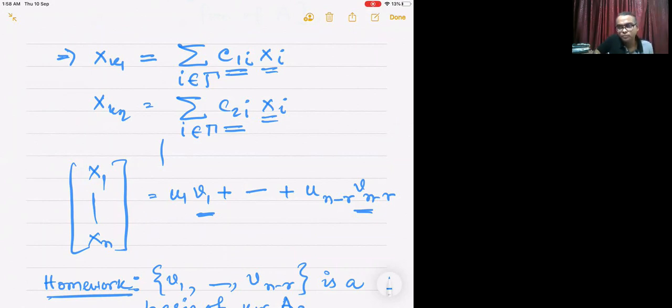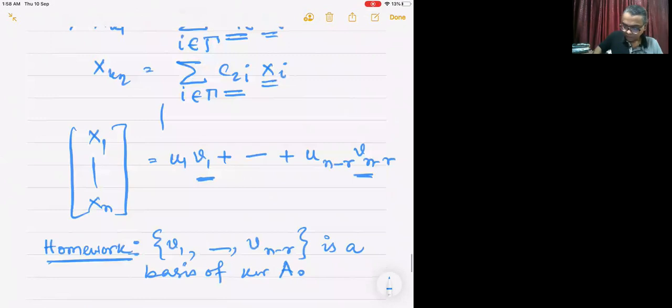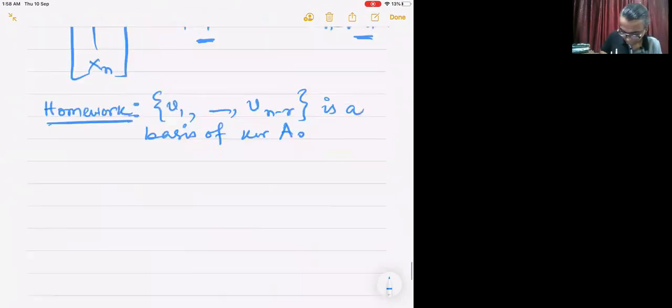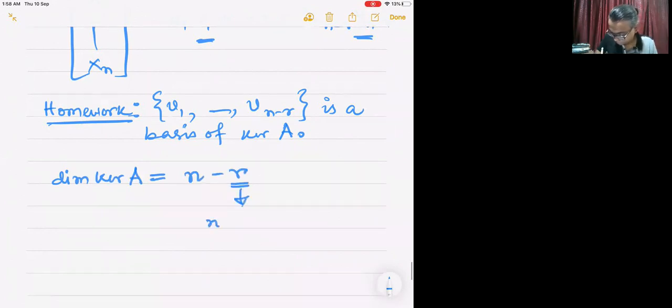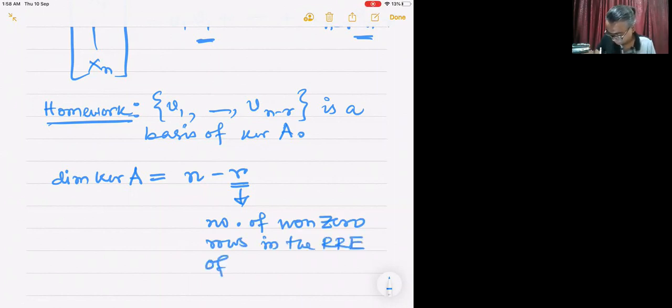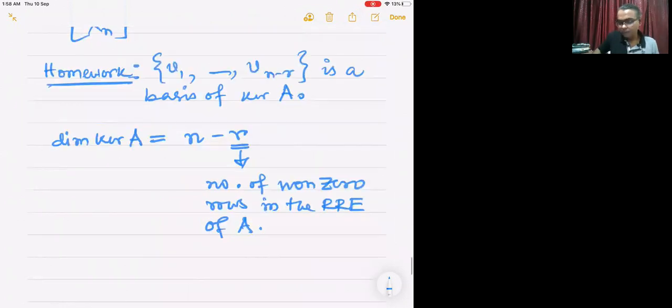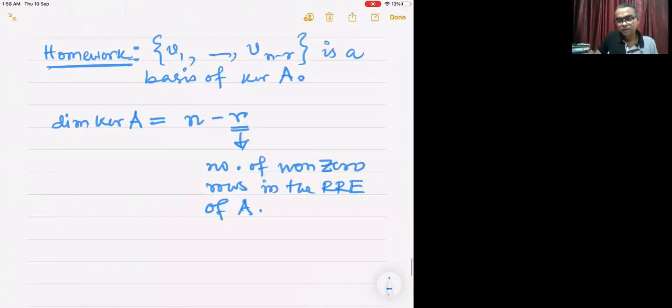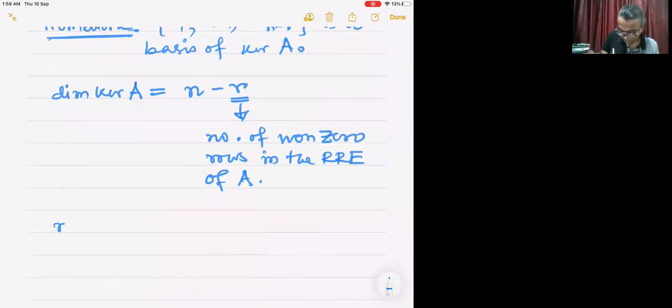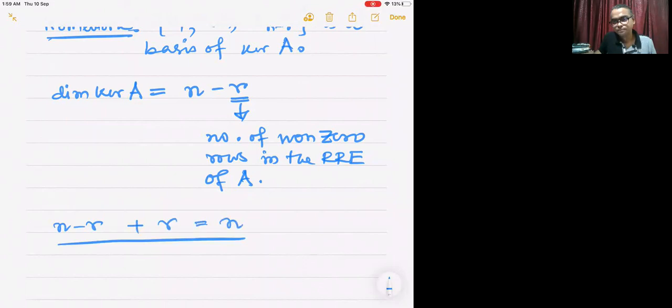Therefore it follows that the dimension of the kernel of a matrix A is nothing but n minus r, where r is the number of non-zero rows in the RRE of A. But that is the rank of A. That r is the rank of A. So then we have n minus r plus r is equal to n, and that is what the rank nullity theorem says.